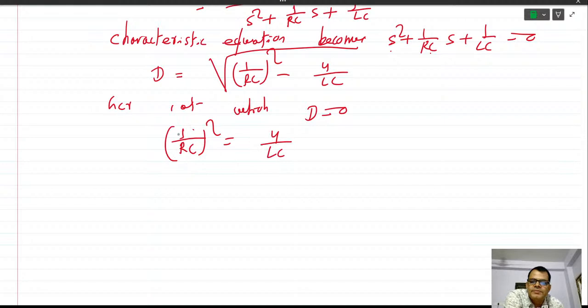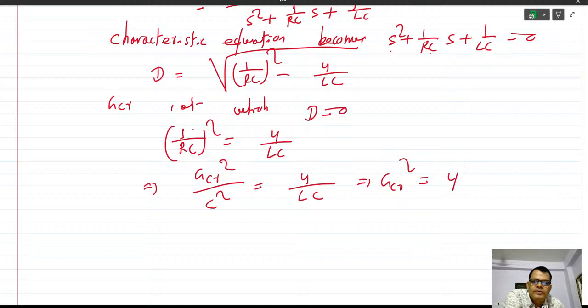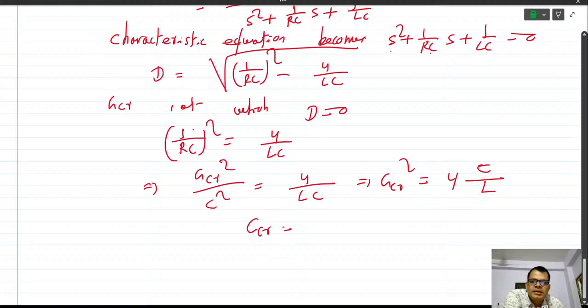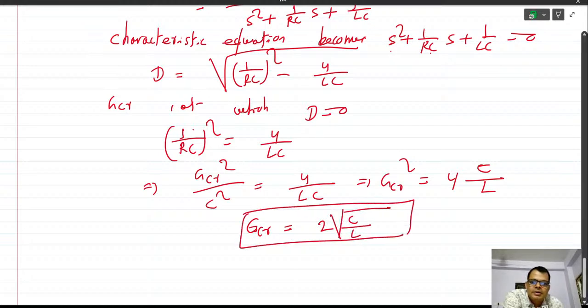Now in place of 1 upon R, you replace the G critical. G critical square upon C square is equal to 4 upon LC, which implies G critical square is equal to 4C upon L. So G critical is equal to 2 root over C upon L, right?